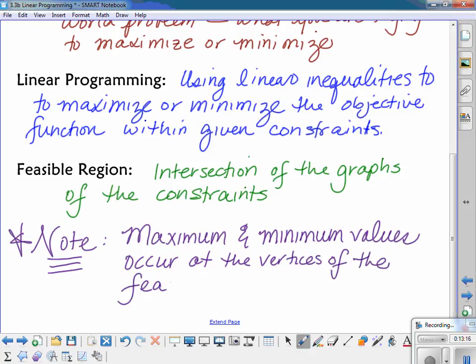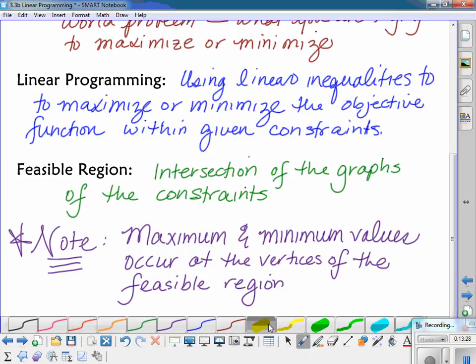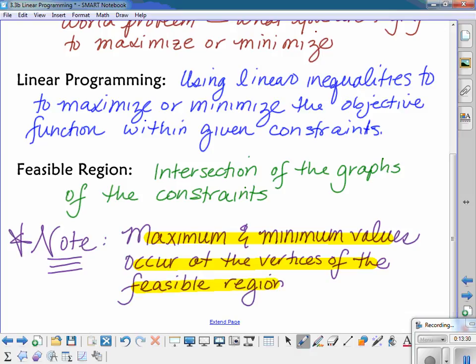So the whole point of graphing those constraints is because we want to know the vertices of the feasible region. Okay? That's the most important thing about our feasible region. We need to know where the corners are, essentially. Okay?